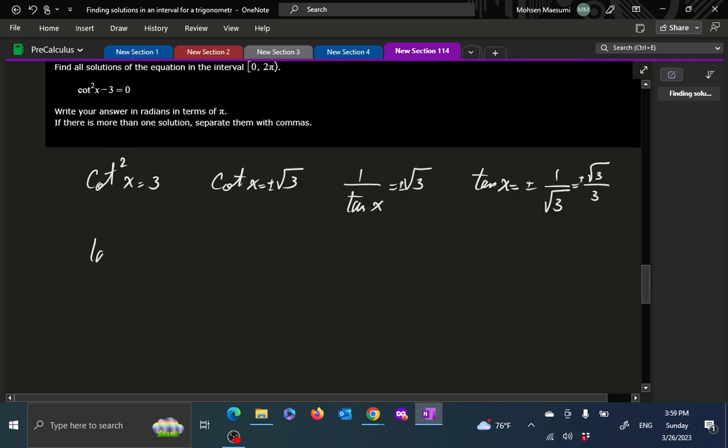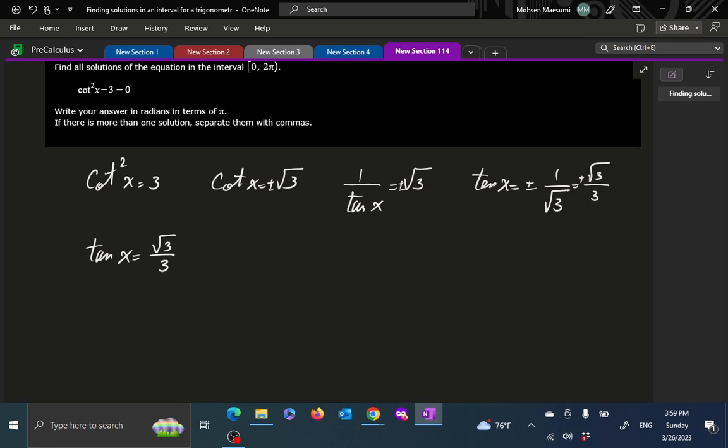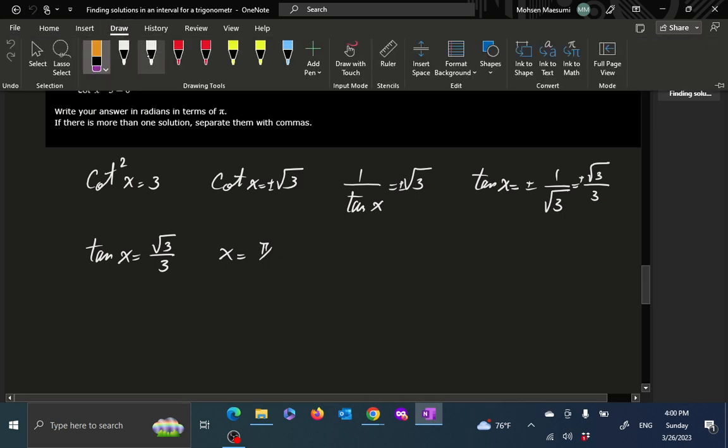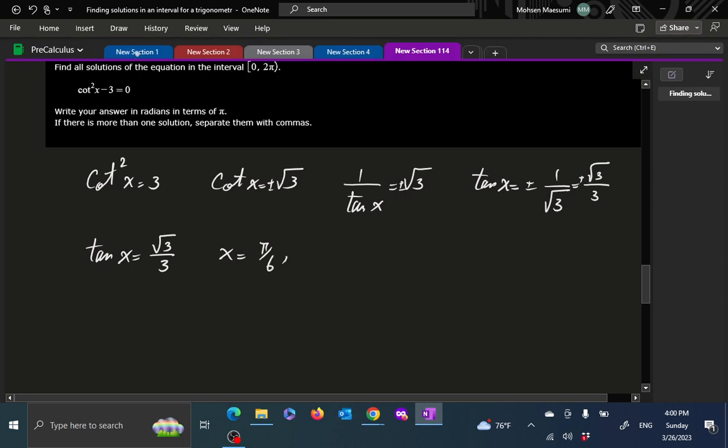If we say tangent of x was radical 3 over 3, x would have been pi over 6 and 7 pi over 6.